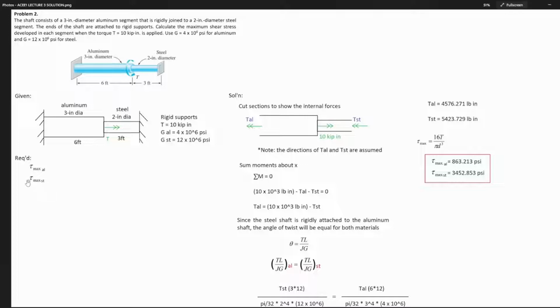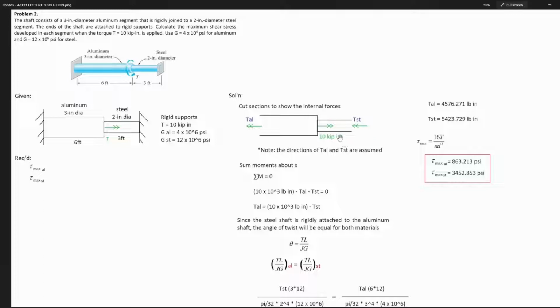So, first, let's cut to show the internal forces. Cut sections. Putulin mo dito. Putulin mo din dito. So, upon doing that, you will expose yung torque kay aluminum and yung torque kay steel. Okay? Oh, guys, hindi natin alam yung values ni torque aluminum, torque steel. Kaya, yung direction na yan, assumption ko lang yan.